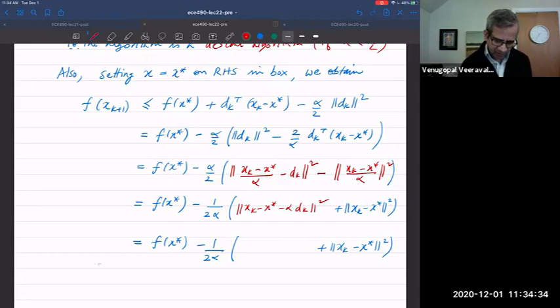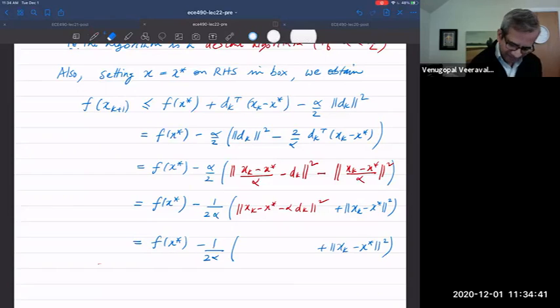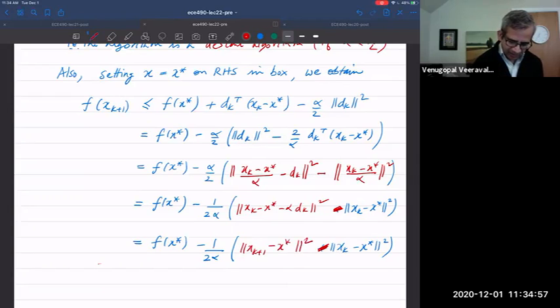It should be a minus. That should be a minus, sorry. So this is basically xk plus 1 minus x star squared minus xk minus x star squared.